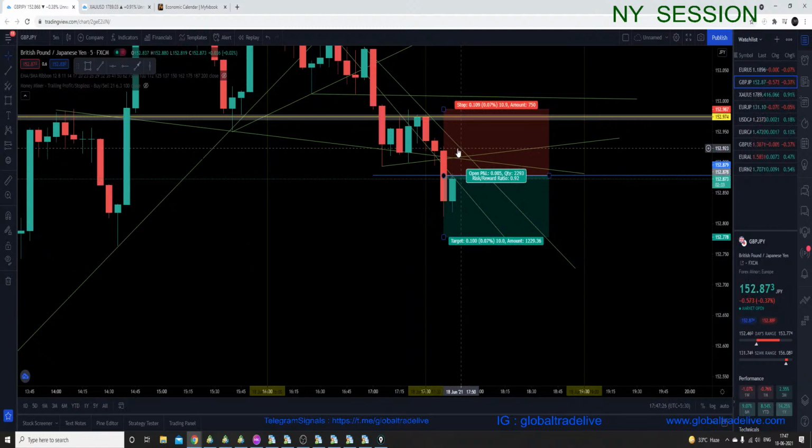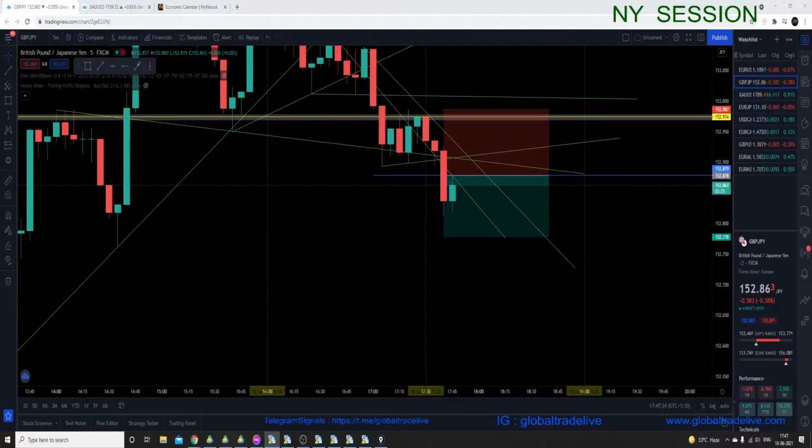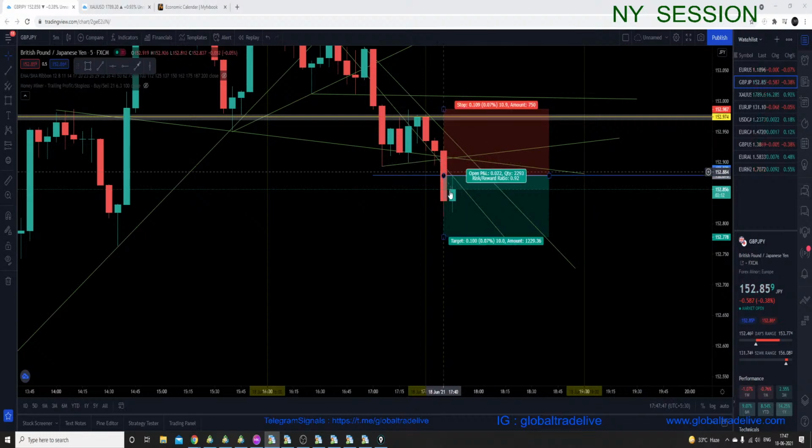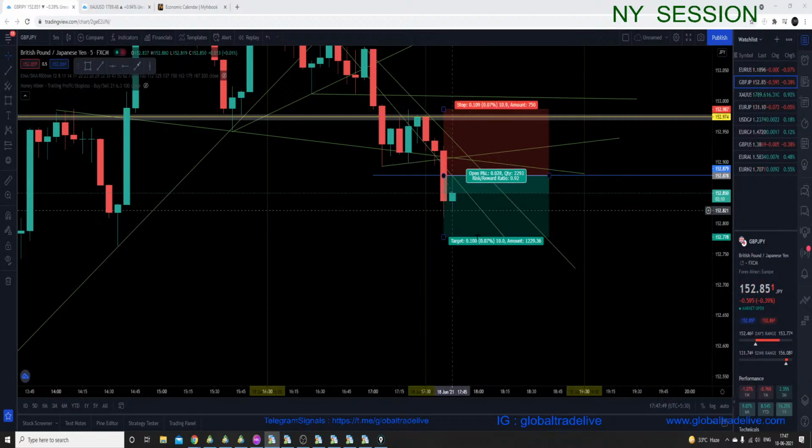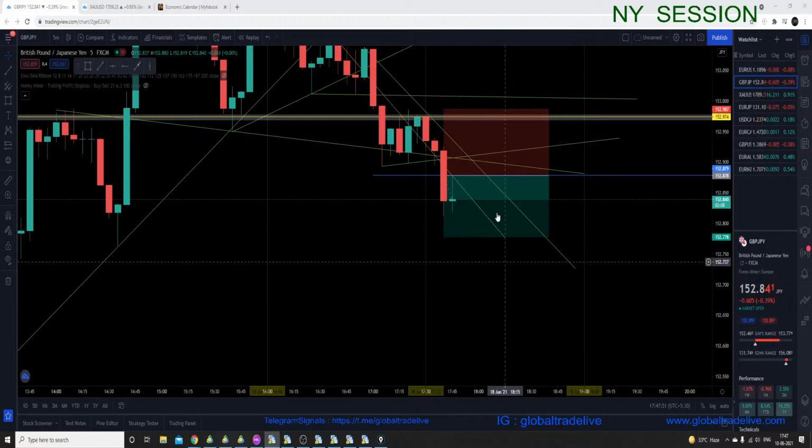But if that doesn't happen, then I'm going to close half here and call it a day. Because I'm really expecting this candle to move further down with volume. It is showing some signs of volume, but it's not giving us proper volume. Like it's just waiting for something.